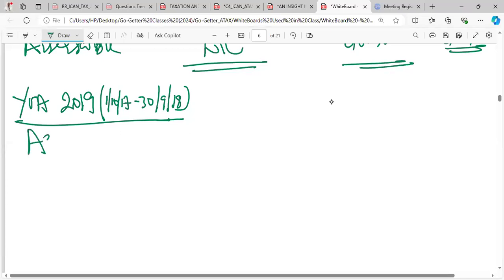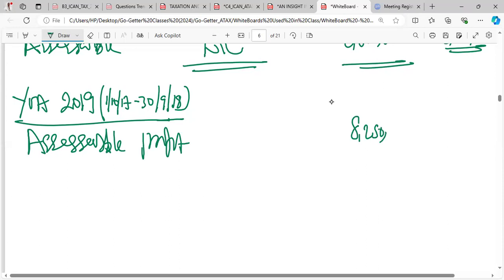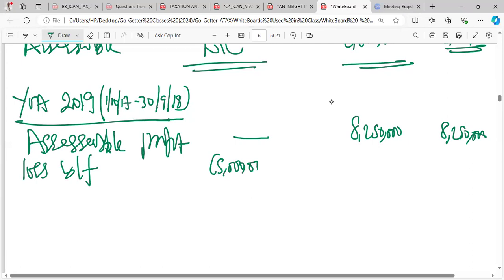Accessible profit, 8,250. Then we have our loss brought forward, 5 million, and we'll still carry forward again.